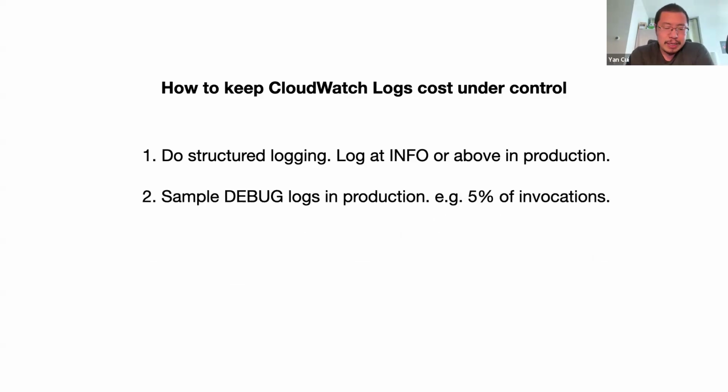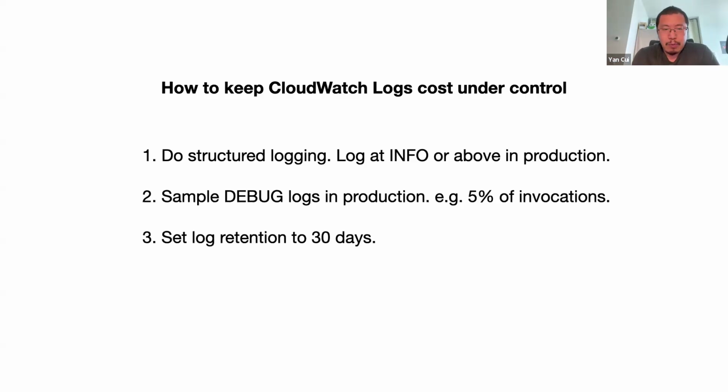So typically I will set up log sampling for debug, so that I collect debug logs for, say, 5 or 10% of my function invocations or user requests, if you're using, say, Fargate instead of Lambda, which is not an invocation-based model. That way, I should still have enough debug logs for every code path, so that when there's an exception or an error, we can find debug logs related to those errors.